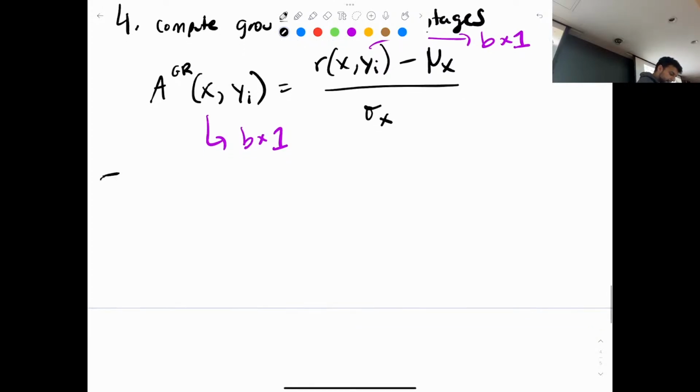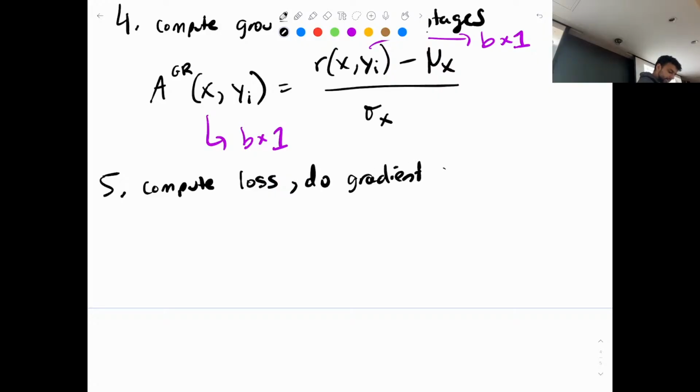All right, so the final step here is to compute our loss and do the gradient updates. This is going to be very similar to the PPO loss. So for one particular prompt x, it will first have to sum over all of the different responses in the group. And actually we'll take the average loss over each response in the group.